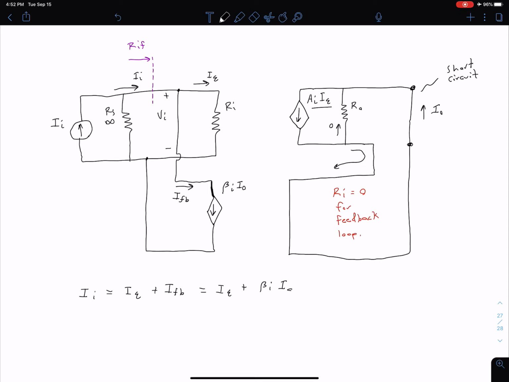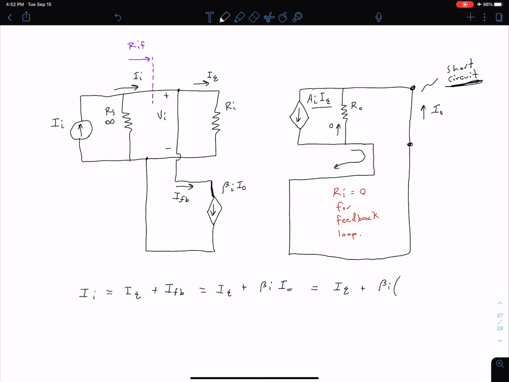Well, we know that our I_out is actually just equal to A_I times I_epsilon. And the reason for that is because, remember, we've short-circuited this output so that our R_0 is not having any effect. So now I have I_epsilon plus, and I have my beta_I still hanging out here.